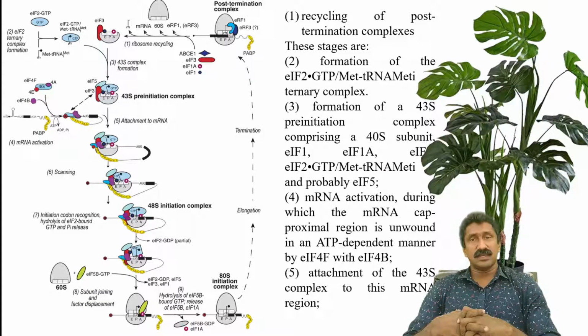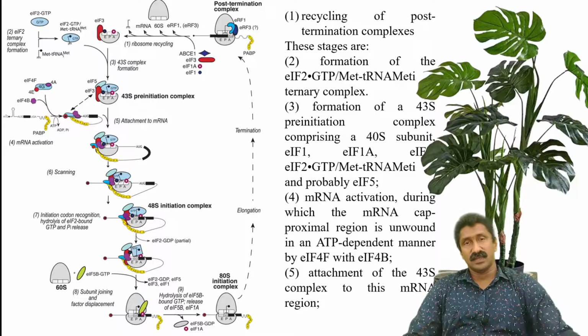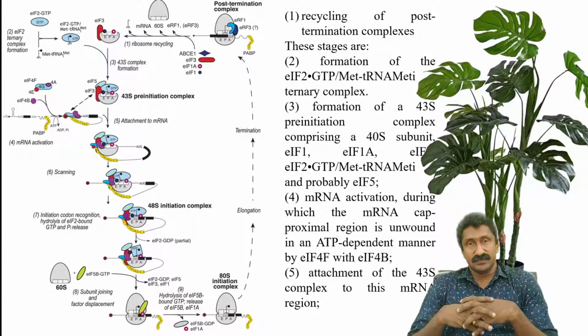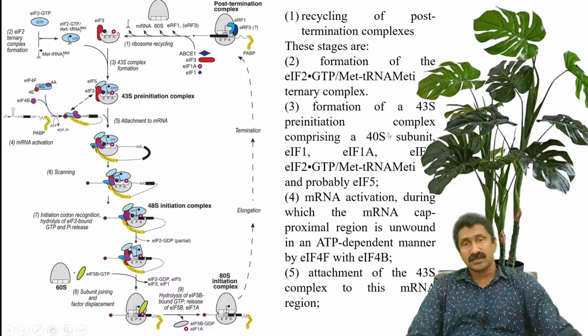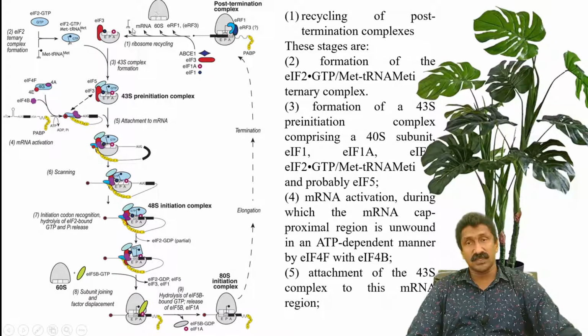And this is another illustration, described in detail in 8 steps. The cycle starts with the dissociation of the ribosomal subunits.